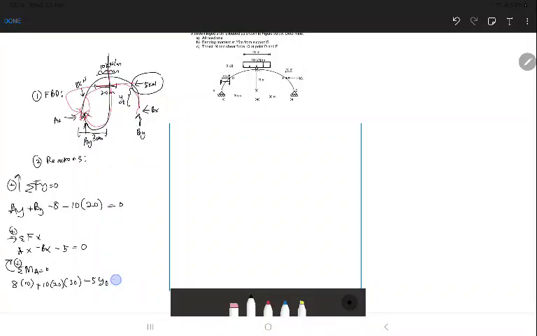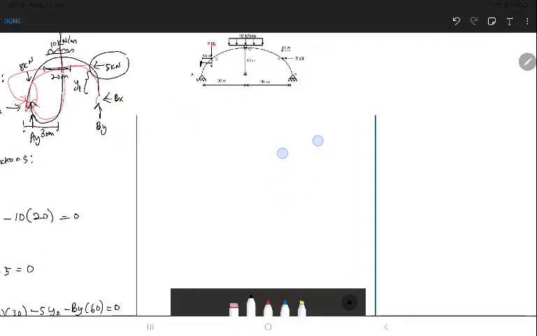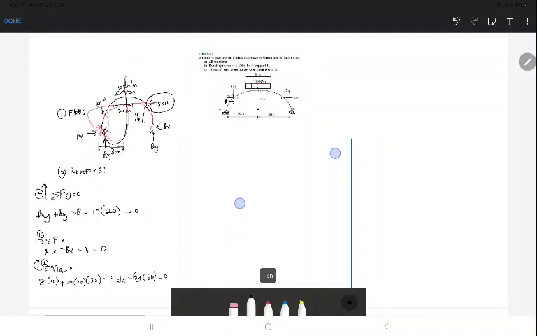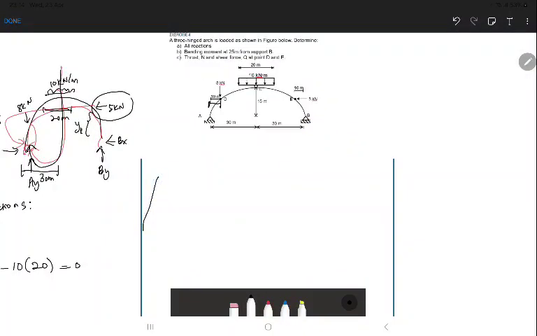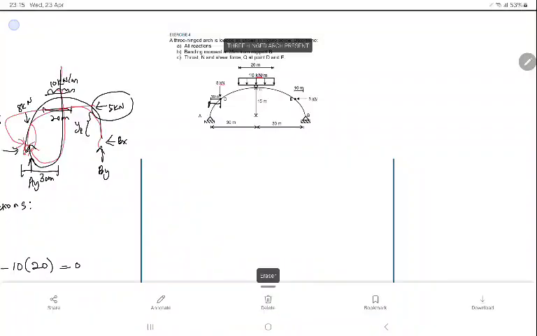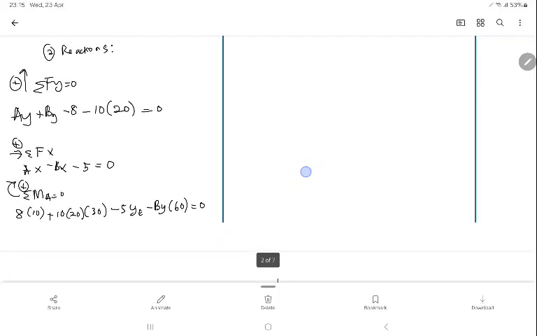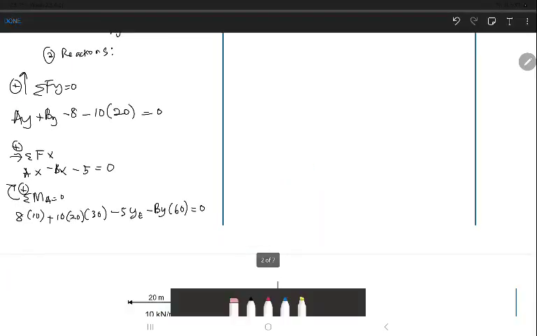Minus BY times 60 meter equals 0. Okay, so you need to find ye first.